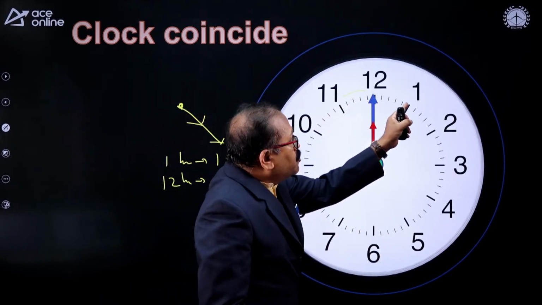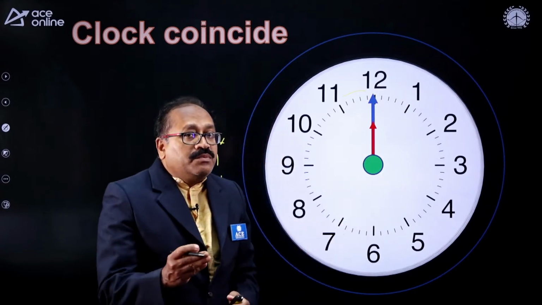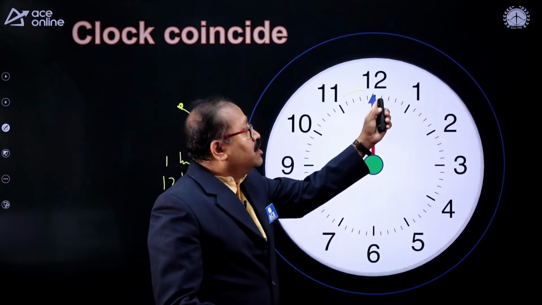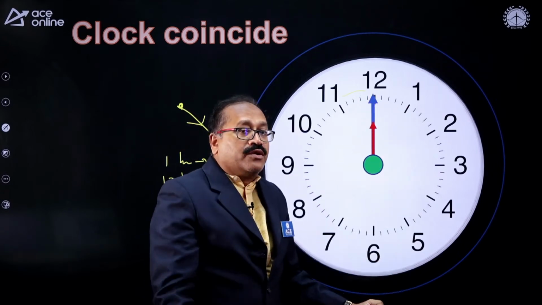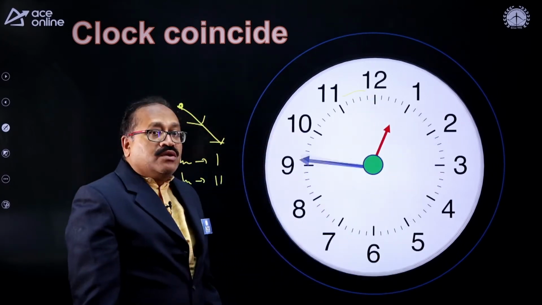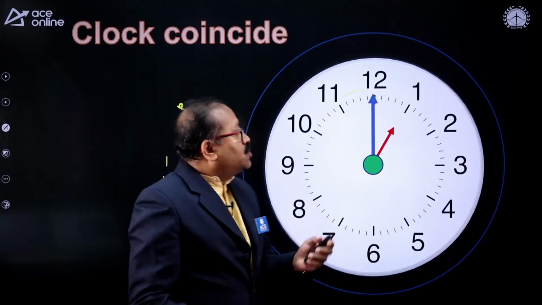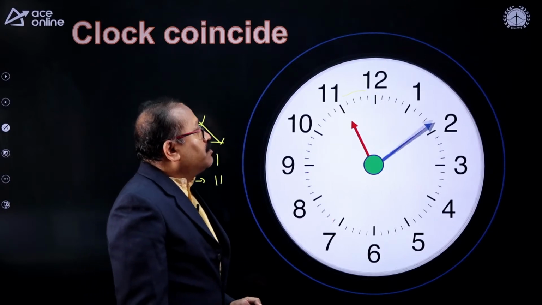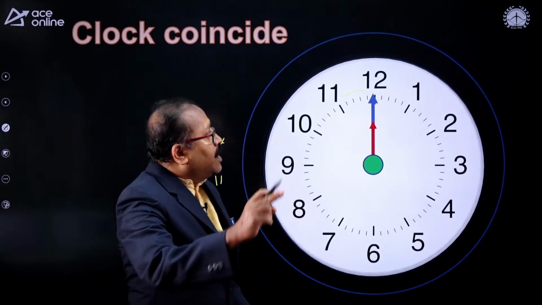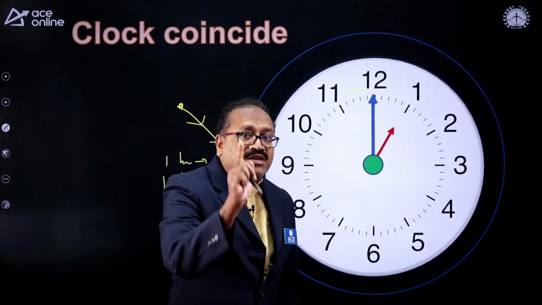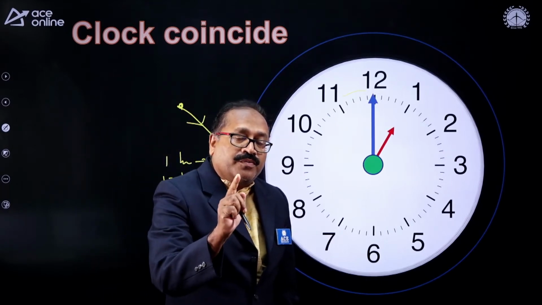But in between 12 o'clock to 1 o'clock, will there be any coincide? Check this one. Here is the rotation of the hands. Was there any coincide? No. So from 11 o'clock to 12 o'clock and from 12 o'clock to 1 o'clock, there is only one coincide, exactly at 12 o'clock.